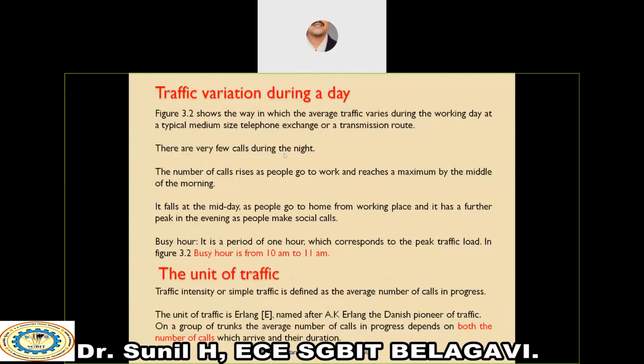Okay, traffic intensity or simple traffic is defined as the average number of calls in progress at that moment. If I consider today from 11 a.m. to 12 p.m., and I want to know how many calls are in progress, I divide 11 a.m. to 12 p.m. into a number of intervals and count how many calls are connected at each time.